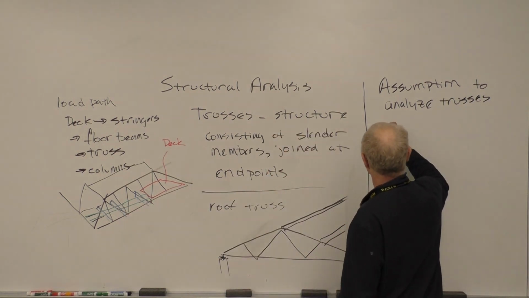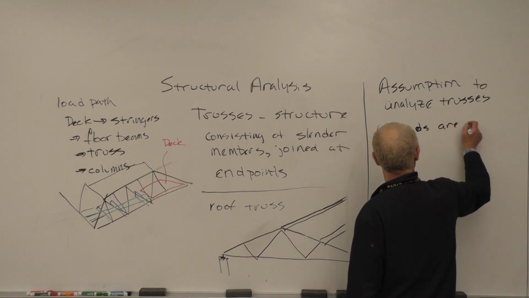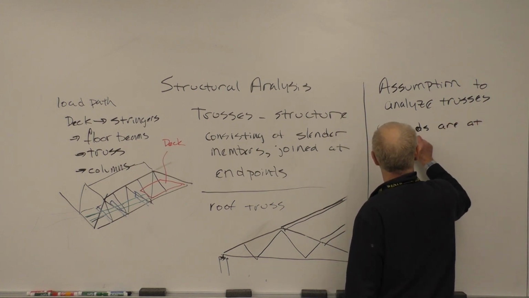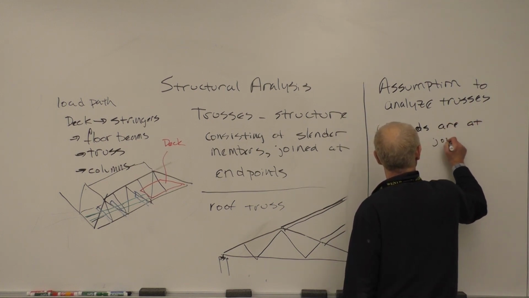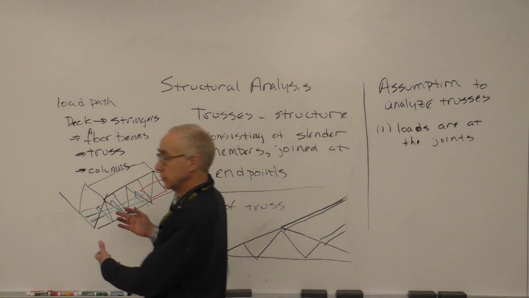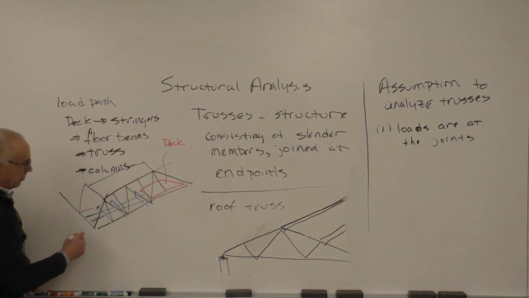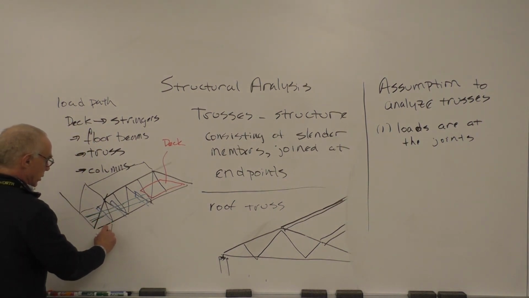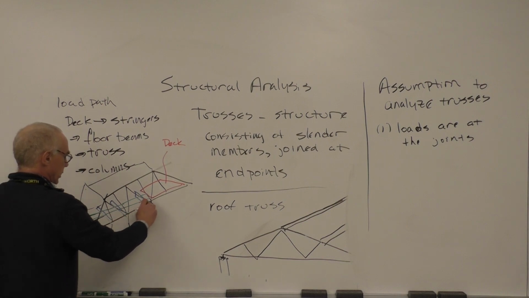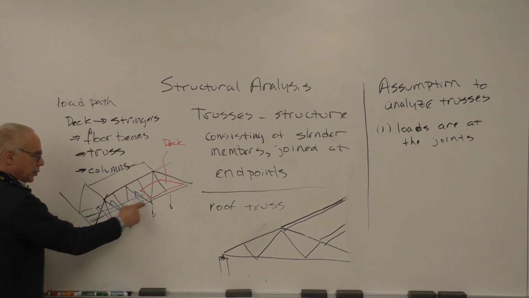The first of which is that the loads are at the joints. So if we were to describe the loading on the truss here, we would only put them, and this is kind of a complex picture here, but we put a load here, we might put a load here, we might put a load here, we might put a load here, but we wouldn't put a load in between the joints.